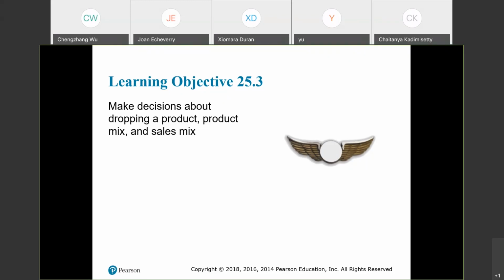Well, and lastly, in the last class, we learned about special pricing. A special pricing decision occurs when a customer requests a one-time order at a reduced sales price. So in this case, a manager needs to decide whether or not to accept this order. The key is to look at the variable cost.